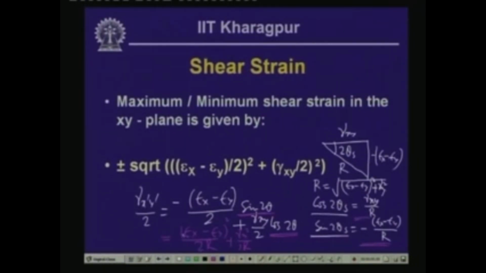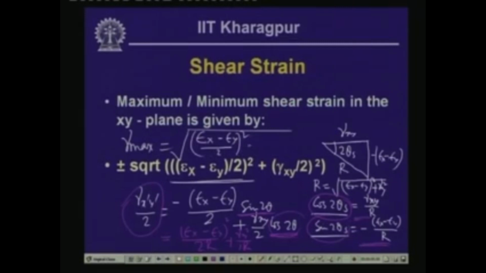Eventually, epsilon x minus epsilon y square plus gamma xy square is r square. This is equal to r by 2, and hence the maximum value gamma max can be written as the square root of epsilon x minus epsilon y by 2 square plus gamma xy by 2 square.